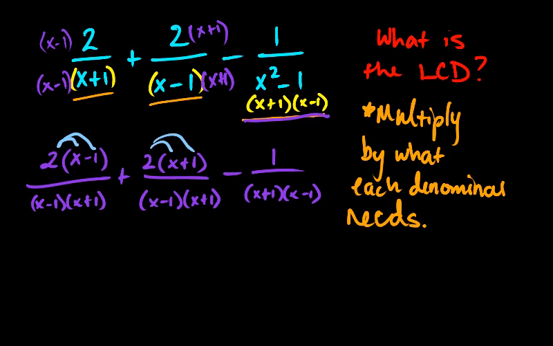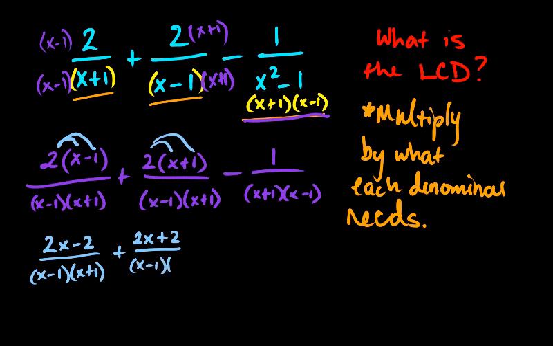And so we'd have 2x minus 2 over x minus 1, x plus 1, plus 2x plus 2 over x minus 1, x plus 1, minus 1 over x minus 1, x plus 1. And when we add things together, we're going to combine like terms.